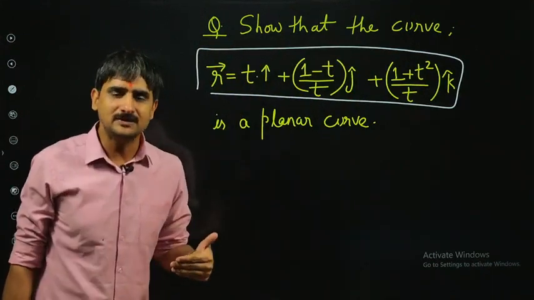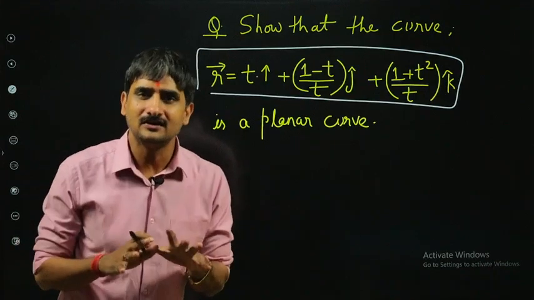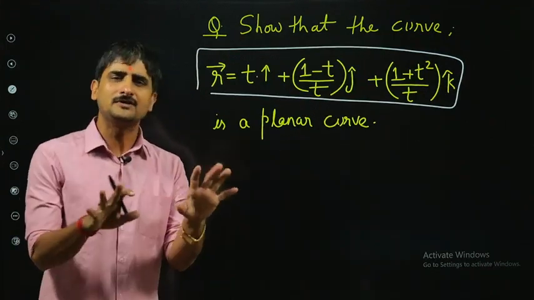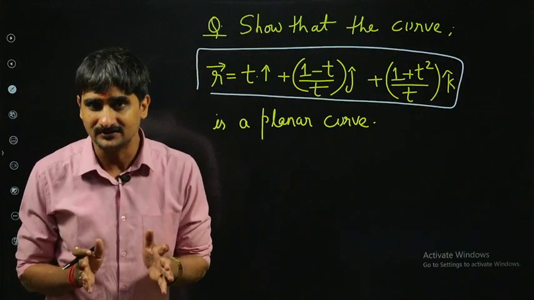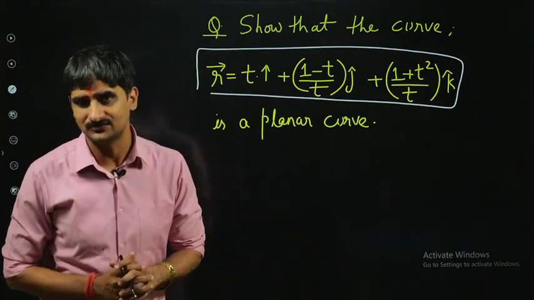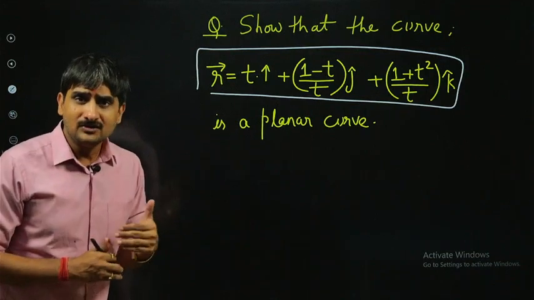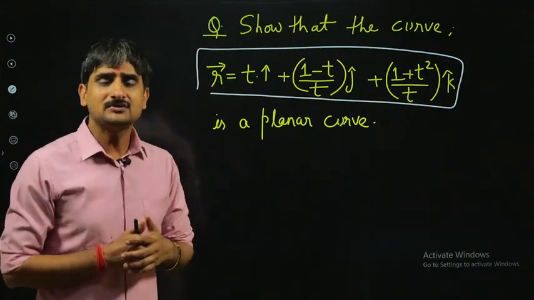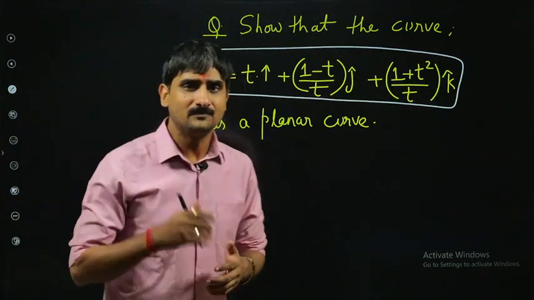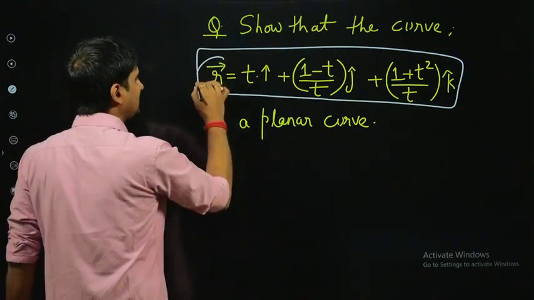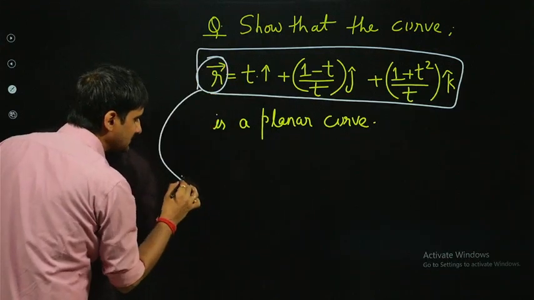Now what does that mean? A planar curve means a curve that lies on a plane, whichever plane, doesn't matter. So it represents a planar curve. That's the question. Acha, I think we all understand that in any equation of a curve in vector form, the variable is vector r, and what does it represent?